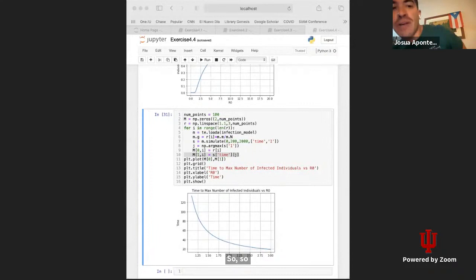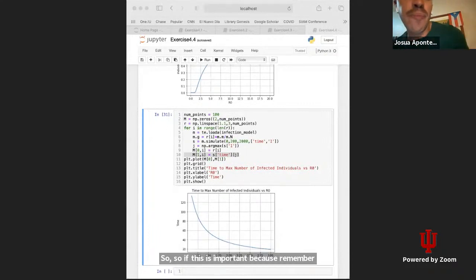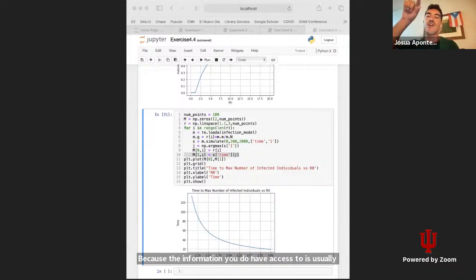Right. So this is important, and it was important during COVID, because the information you do have access to is usually first the leading curve and then the tail curve, after the infection has decreased.